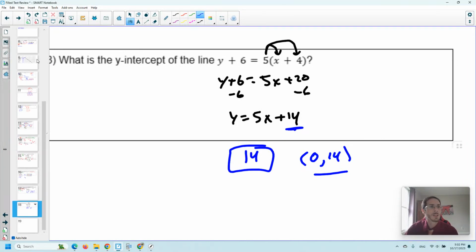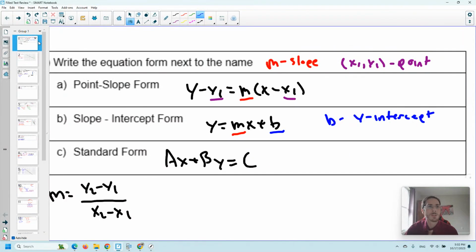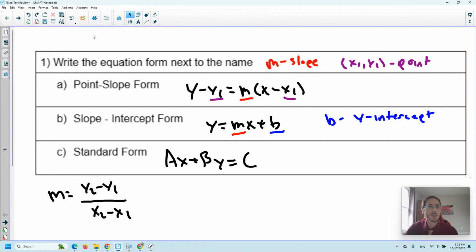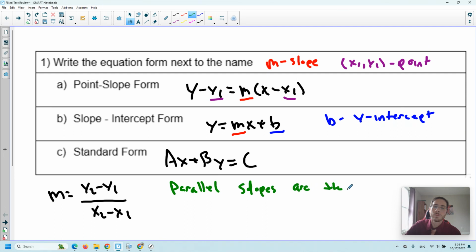Going back to the very beginning, it's good to do a little quick recap. Remember, this was all of the equations that we needed to know. If we want to add a couple more facts, the only other facts we would add would be: parallel, the slopes are the same. Perpendicular, the slopes are, the math word for it is opposite reciprocals.